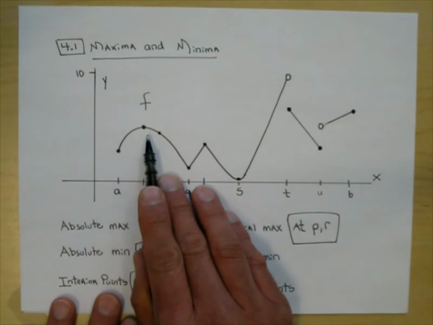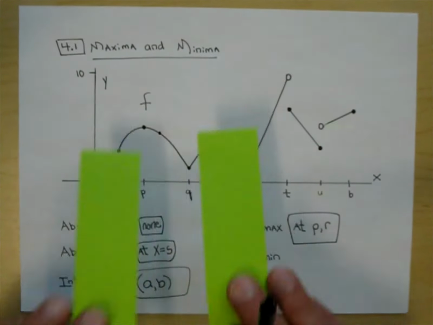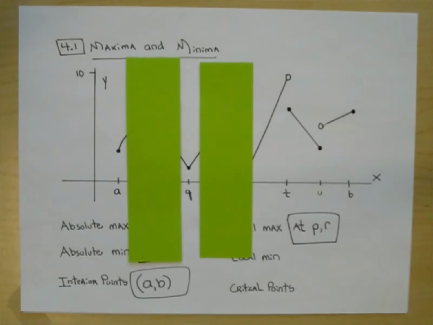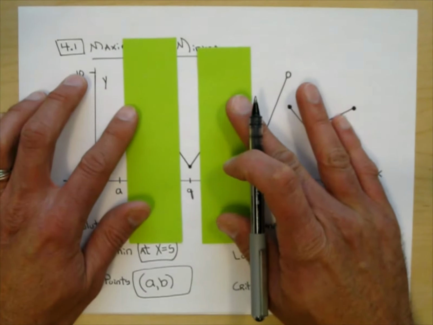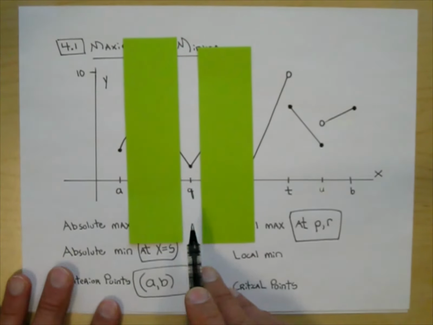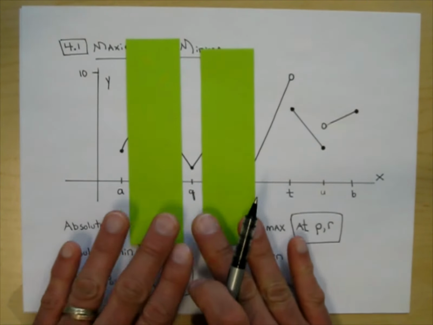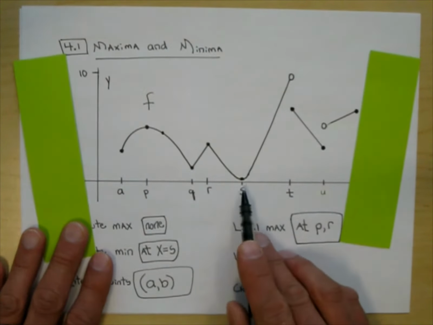So do we see any bottoms of valleys? Yes, we do. Right here at Q. Q is, and I'm going to use the expression bottom dog, as opposed to top dog. He's the bottom dog of his neighborhood. There's no one else lower than him. Now if you look at the whole graph, there is. That guy's lower.